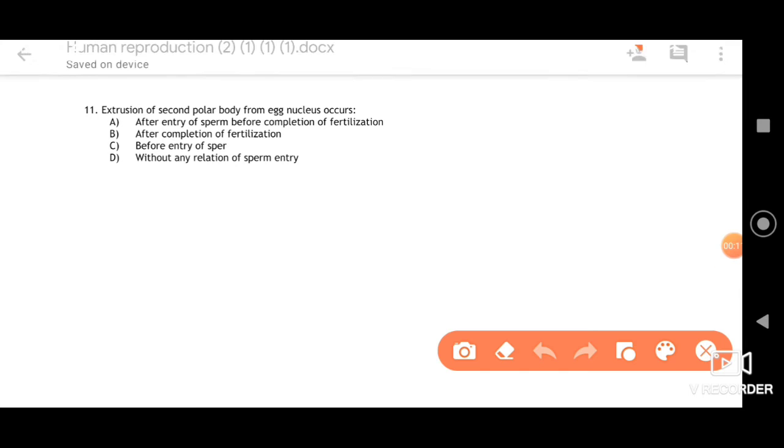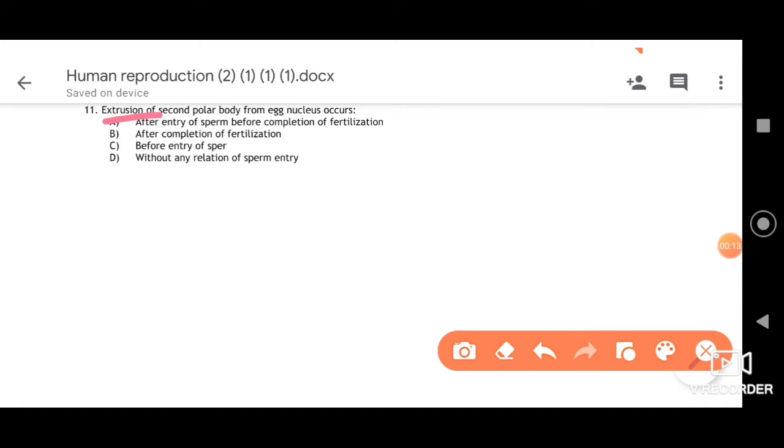All right, next question we have, dear friends: extrusion of the second polar body from egg nucleus occurs. First of all, let me tell you that extrusion is a process where, from the ovum, from the egg, the second polar body comes out.